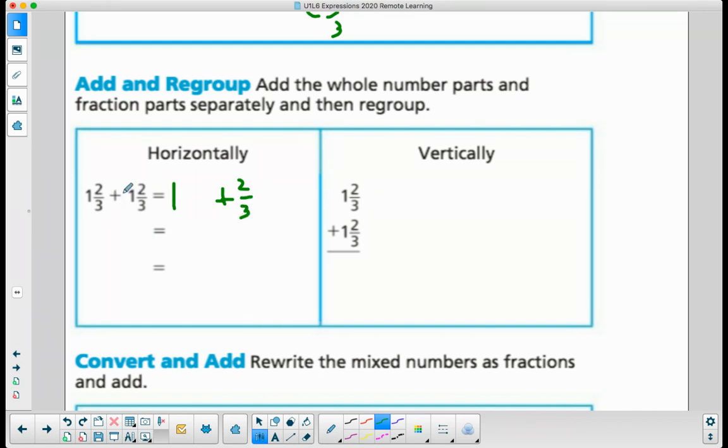And this 1 and 2/3 could be decomposed to 1 plus 2/3. Whoopsie, that is not 2/3, Mr. Springer.